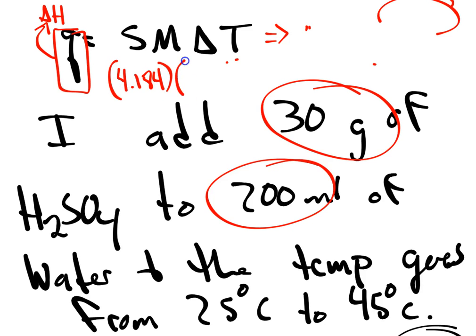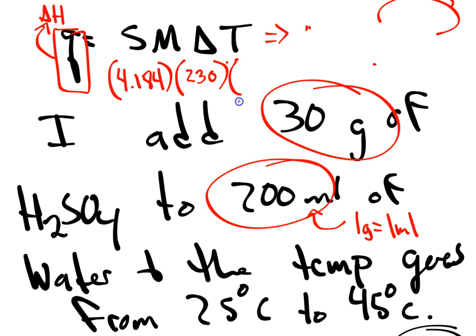All right. The mass is the mass of the solution, which is both the solute and the solvent. Now please recall that the mass of water and the volume of water are related in that 1 gram is equal to 1 milliliter. That's its density. So this is really 200 grams of water, correct? So this number is what? 230.